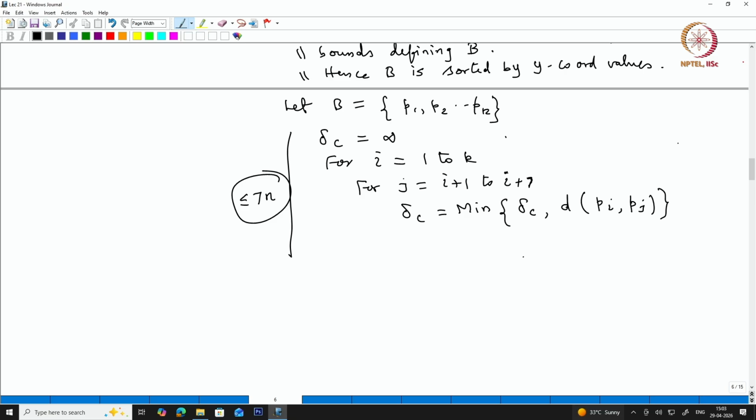Now, delta is the minimum of delta L, delta R and delta C, the crossing distance across the line. Now you return Py and delta.